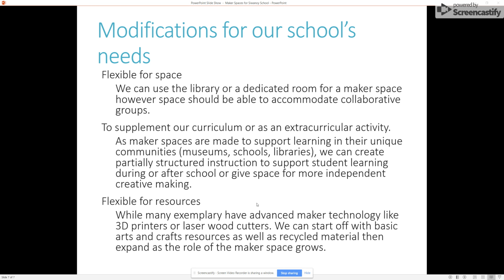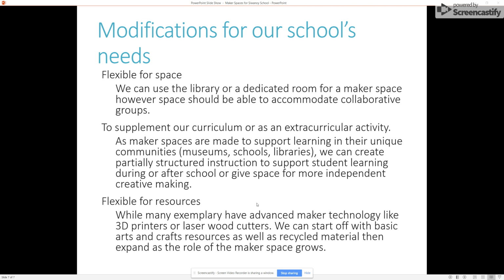And here we have the tools and the resources, similar to what museums, academic libraries, and other educational institutions have been putting into place. These are more free-form and creative spaces for students to practice and design. Here at Siwanoy, we can use it for both.